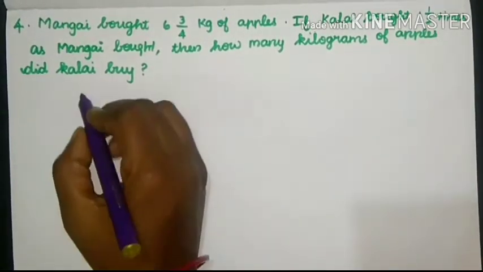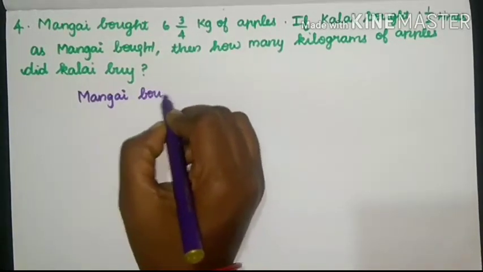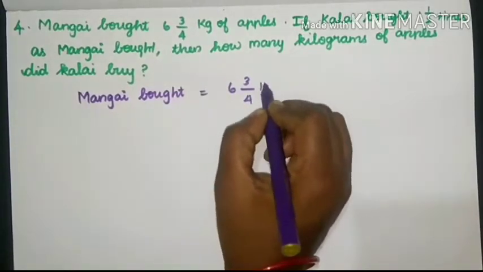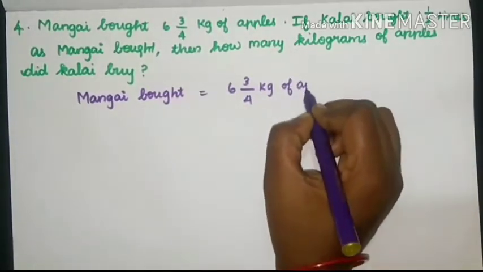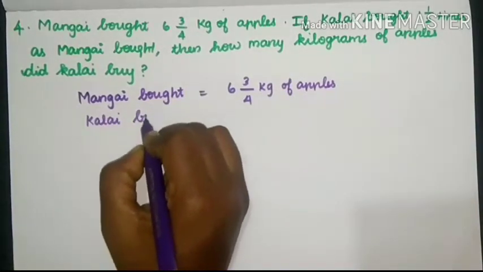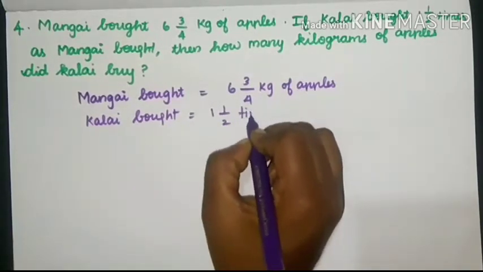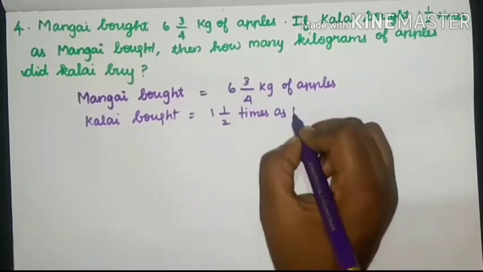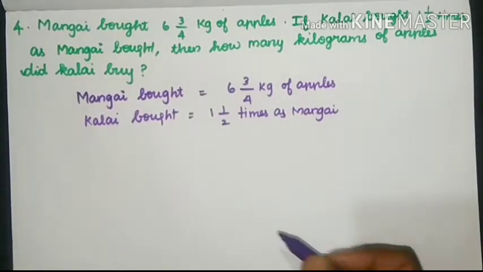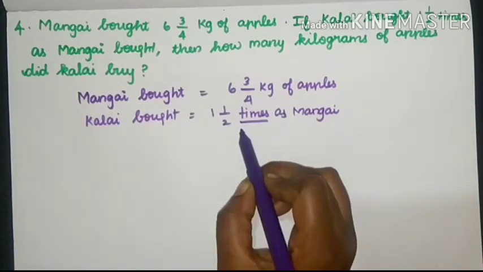Let's see. Mangai bought 6 3 by 4 kg of apples. Kalai bought 1 by 2 times as Mangai bought. Students, as you already know, the keyword times represents what?